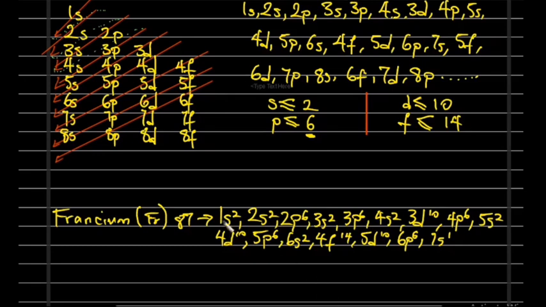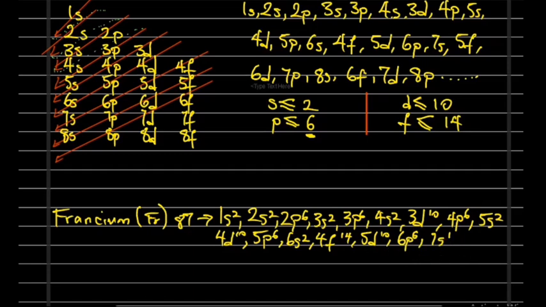Let's count. 2 plus 2, 4, plus 6, 10, plus 2, 12, plus 6, 18, plus 2, 20, plus 10, 30, plus 6, 36 plus 2, 38 plus 10, 48 plus 6, 54 plus 2, 56 plus 14, 70 plus 10, 80 plus 6, 86 plus 1, 87.